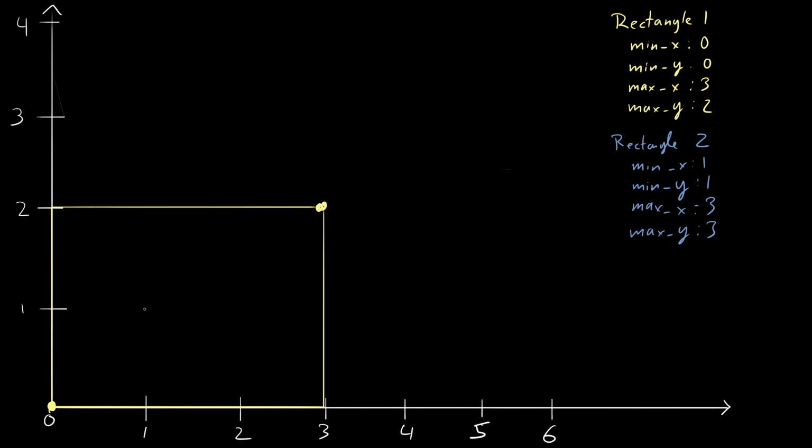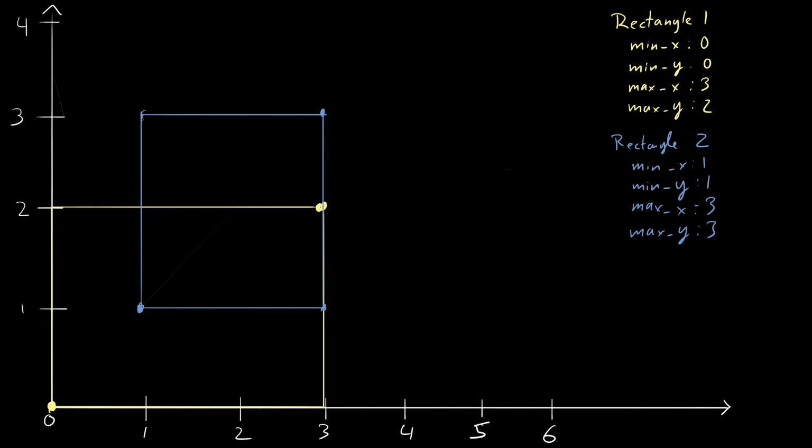The first corner is 1, 1, and then 3, 3, which should be right here. And then here is the other rectangle.